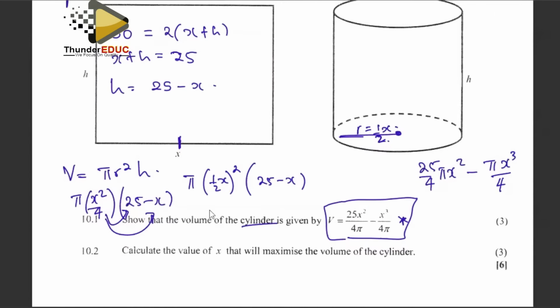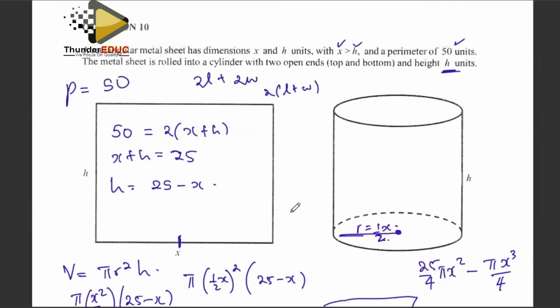But now the question is showing something that is otherwise. What is the problem there? Because we have x squared over that. What did we do wrong? Because that is x. This is a pi. Show that the volume of the cylinder.